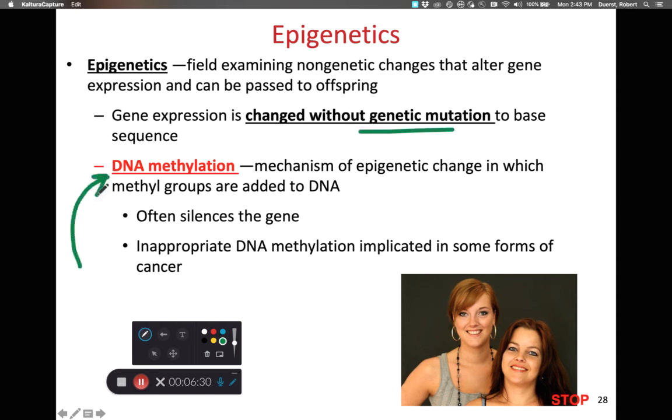This is all based on DNA methylation: are we tightly binding the DNA to the histones within the nucleosomes, or loosely binding it? If it's tightly bound, we can silence a gene.